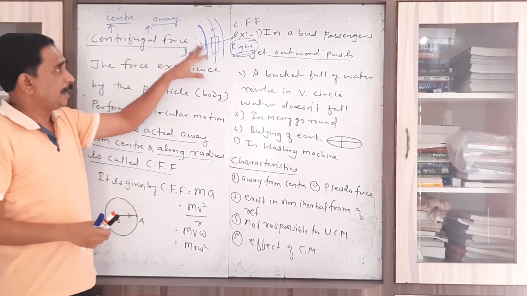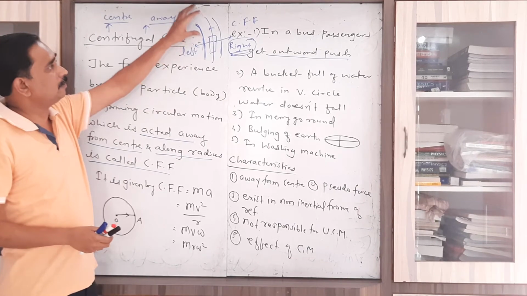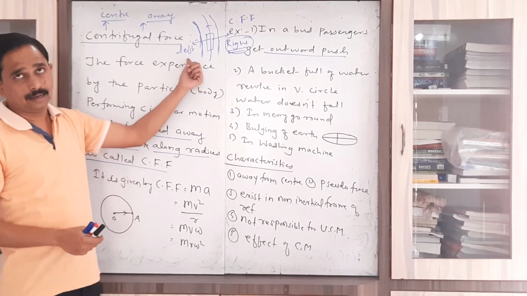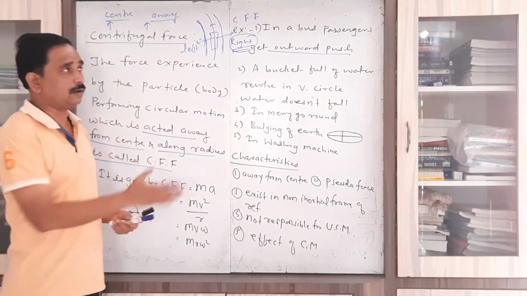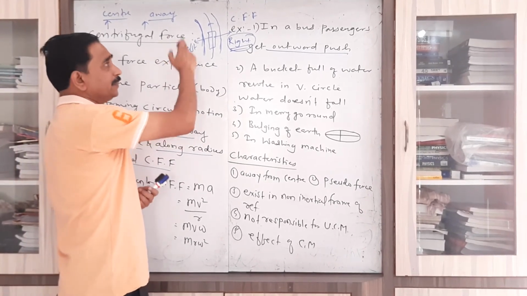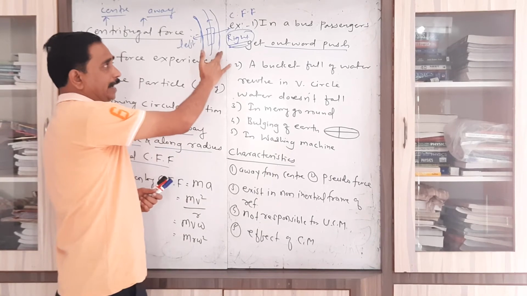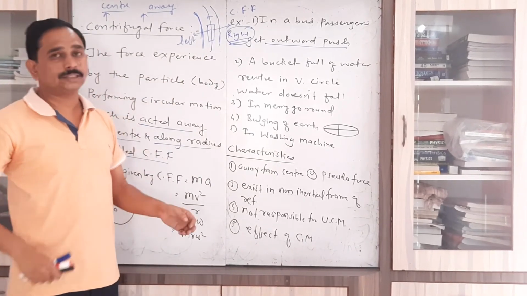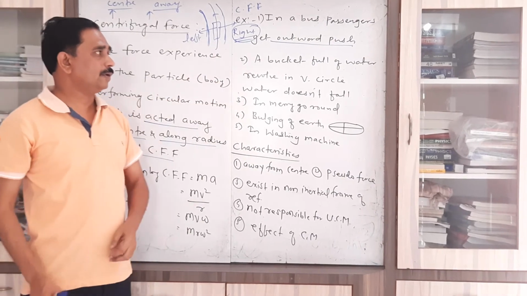When a bus moves along a curved road, if it turns to the left or the right, the force acting on the body of the passenger is on the opposite side because of the centrifugal force.